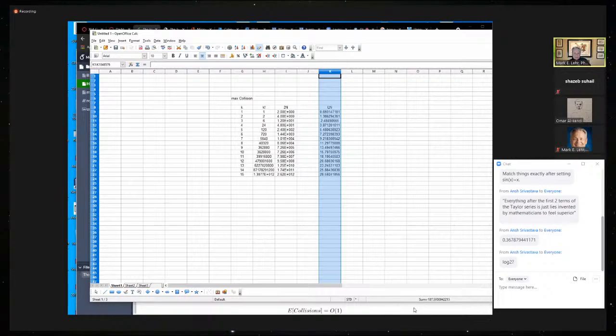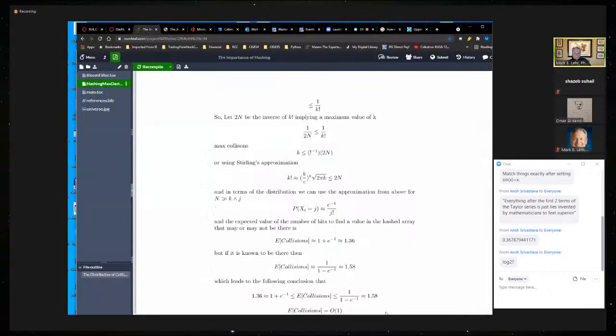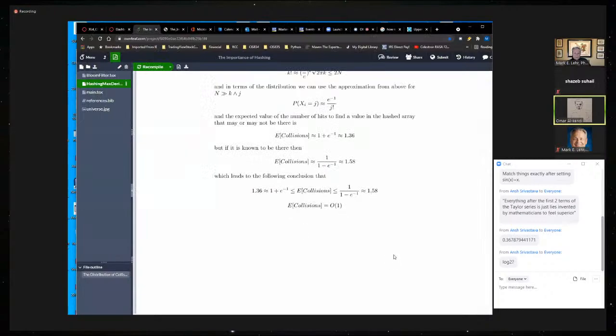Well, enough of that. So anyway, that is all I got to say about hashing. Ansh wants me to do it with log base 2. Well, you have to remember with respect to orders, it doesn't matter what the base is.